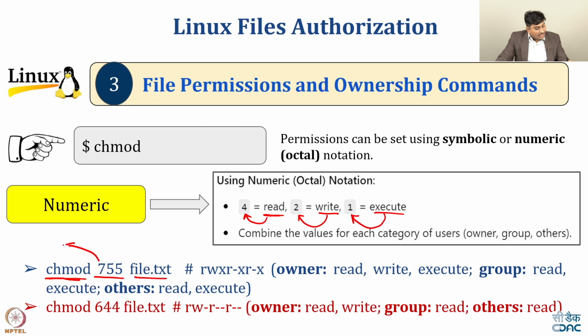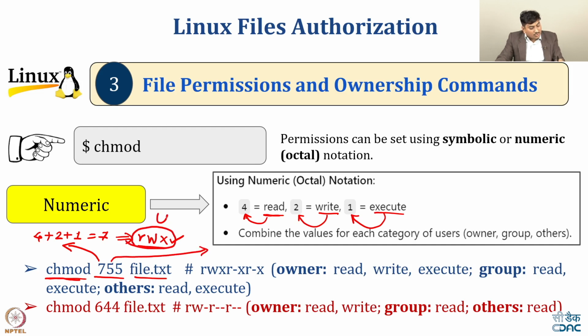7 means that 4 for the read plus 2 for the write and 1 for the execute is equal to 7. It means that we are giving them read permission, write permission and execute permission as well, right. And this is for whom?